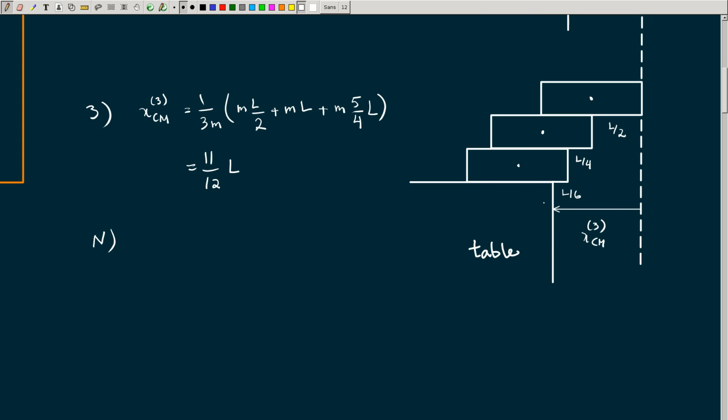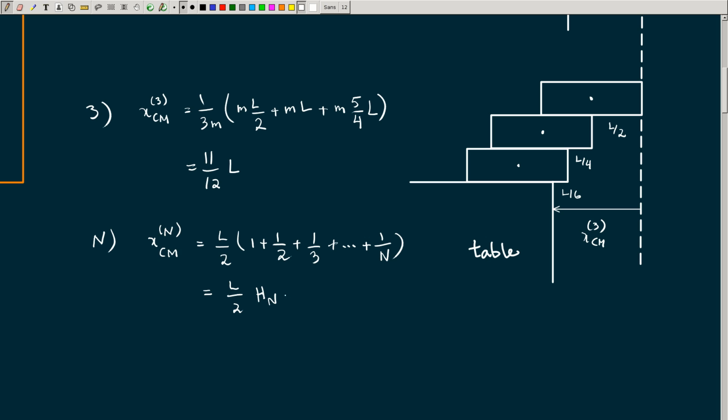If you put the first one, it will be of course L over 8, and for n of them we will have L over 2, factoring out the first one, times 1 plus 1/2 plus 1/3 plus 1/4 and so on up to 1 over n, which is called the harmonic series. I'm going to show it with Hn.